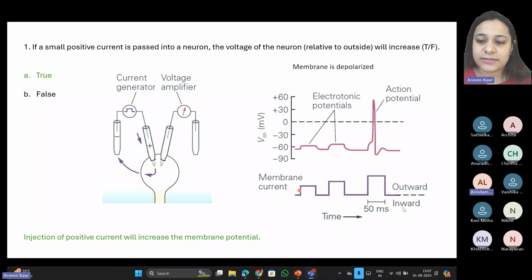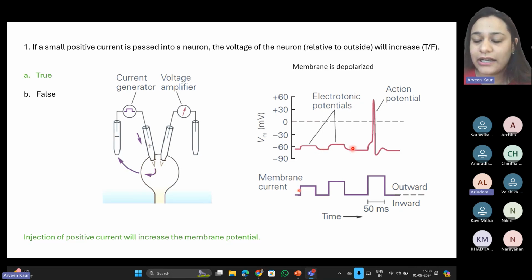That is what is depicted in this figure that I have taken from Sir's lecture. It says that if a small positive current is given, the voltage will increase a little.